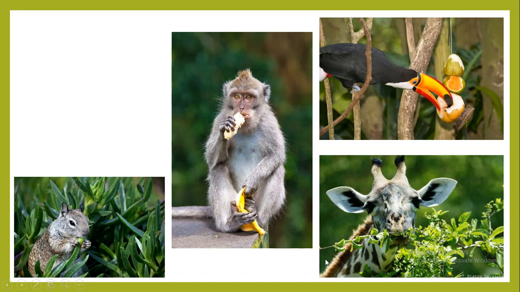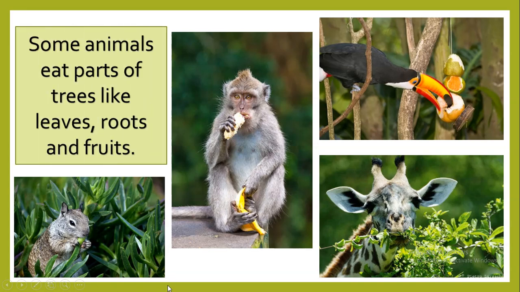And this bird is eating too. But what are they eating? They are eating parts of trees, like leaves, like fruits, sometimes even roots. So, some animals, woodland animals, eat parts of trees like leaves, roots, and fruits.